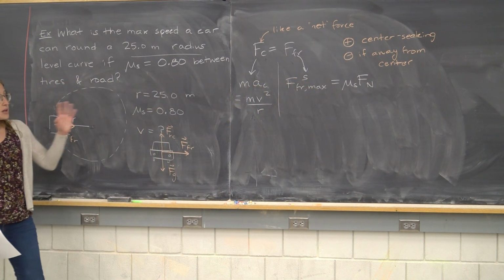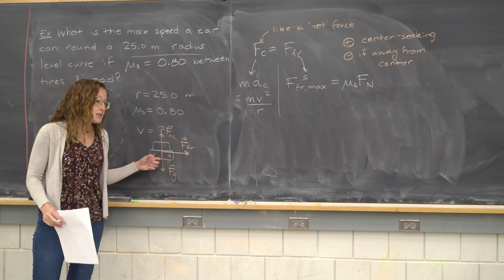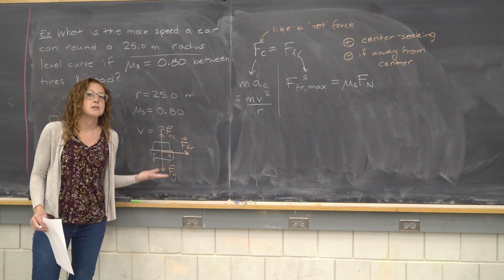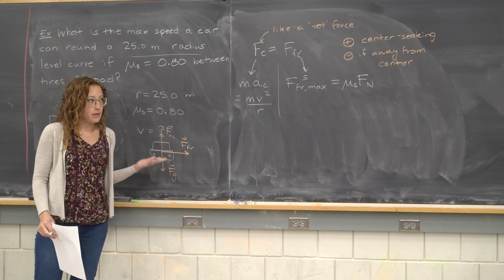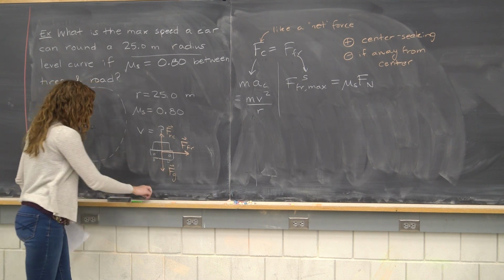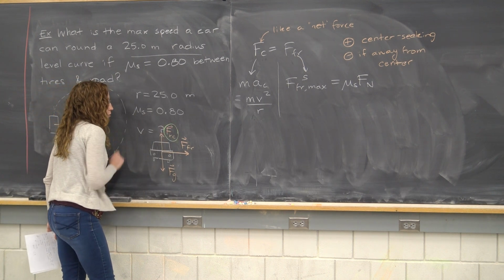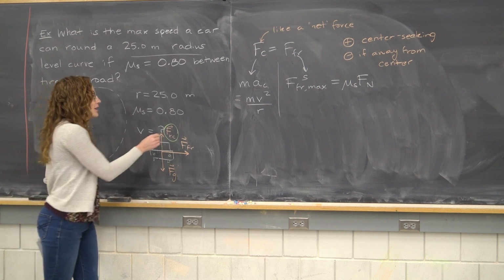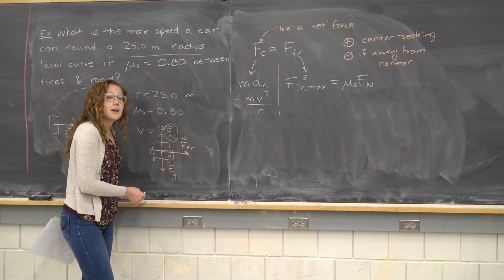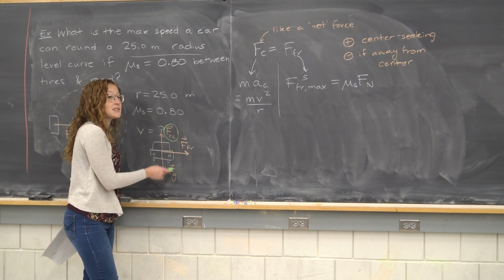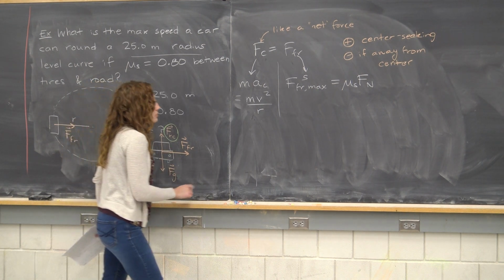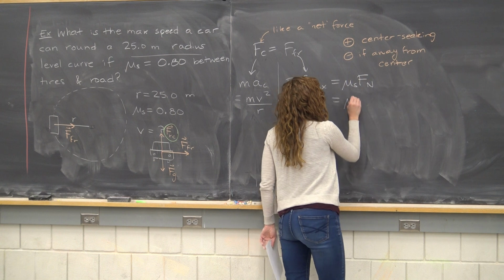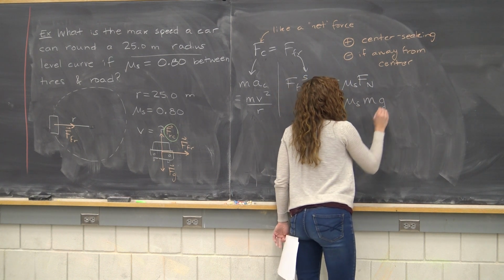So when we're thinking about what our normal force is, I actually want to look at this picture, because the normal force is the support force from the road on the car. So the normal force, in this particular case, is the force of the road on the car. It's not always true that our normal force has the same magnitude as our gravitational force, but in this particular case it is. And so here, this is mu s times mg.